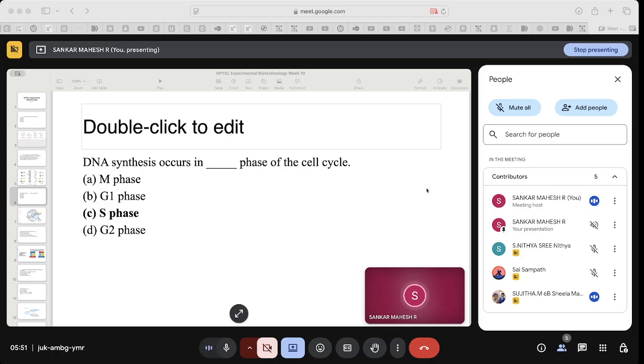Whatever you know about the cell cycle, maybe we'll take it from there. S phase synthesis, that's correct, but we'll also discuss in general about the cell cycle. Do you know about other phases in the cell cycle?